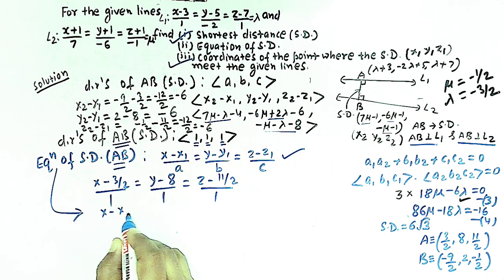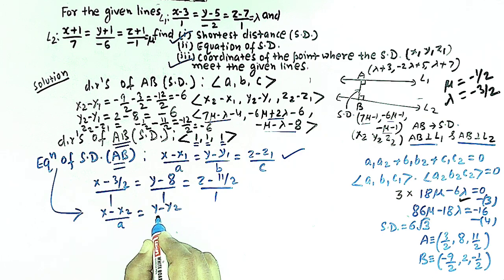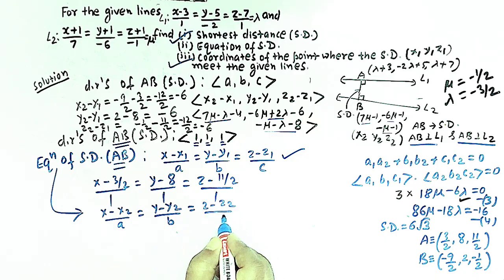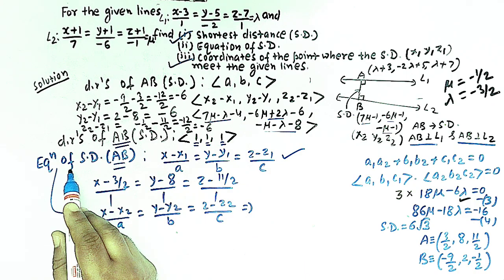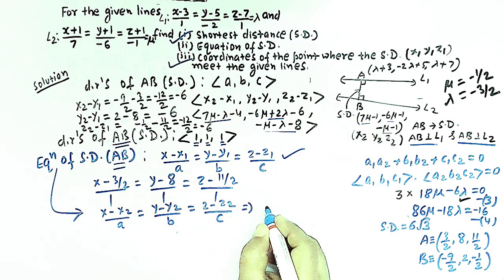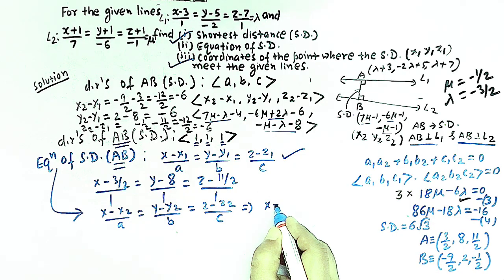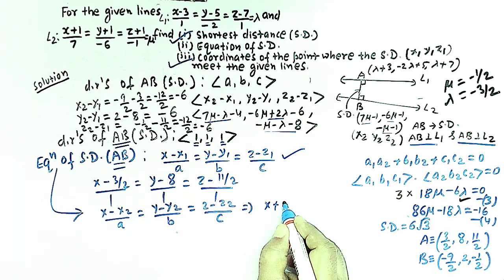So we have x minus x2 over a, y minus y2 over b, and z minus z2 over c. So we have now the equation of shortest distance as x minus x2, x2 is minus 9 over 2. So here we have already a negative sign, so this becomes positive.